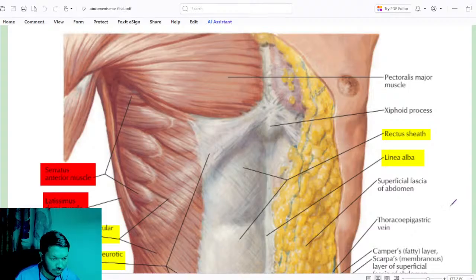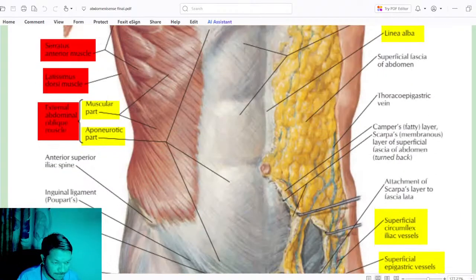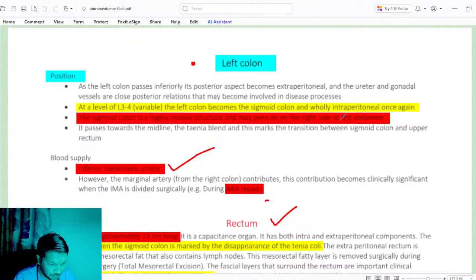Okay, so let's begin. Already we have seen these parts. We were on page number, I think, 40. Foregut, midgut, and hindgut.